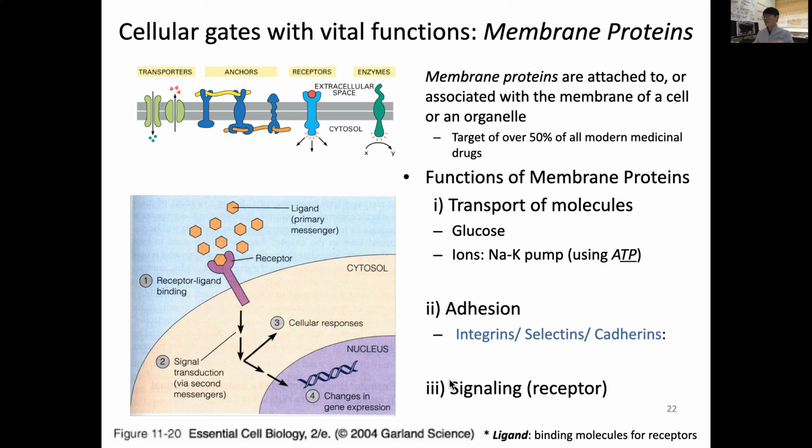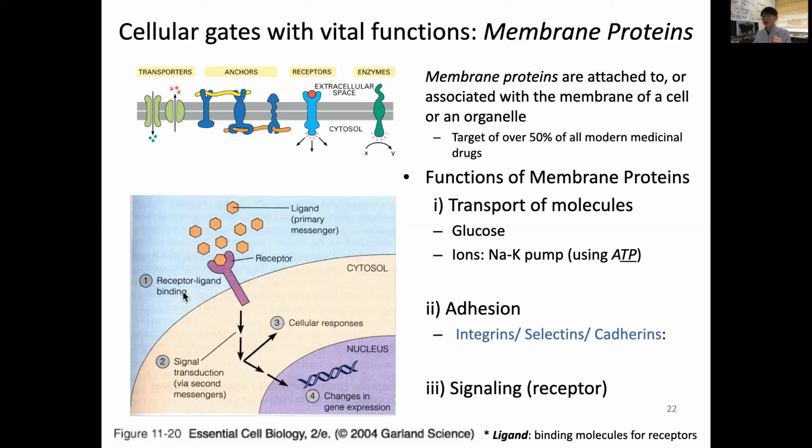And also a very important aspect is cell signaling through receptors. A receptor binds to a ligand, which is a binding molecule from the outside of the cell. And that ligand is giving a message. When it binds to the receptor, something happens, such as conformational changes in the receptor, and that triggers a signal inside.